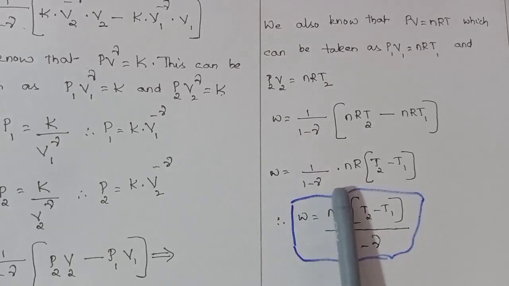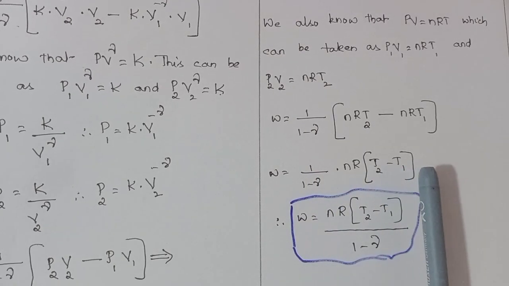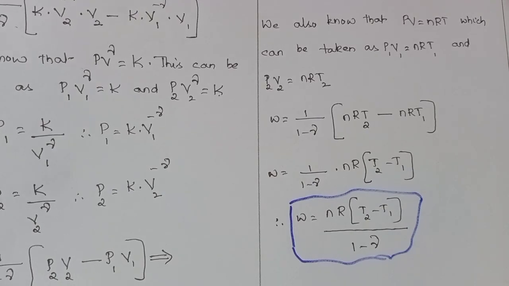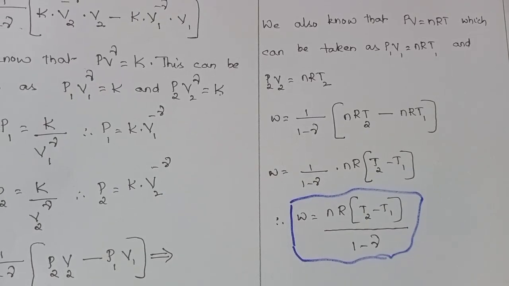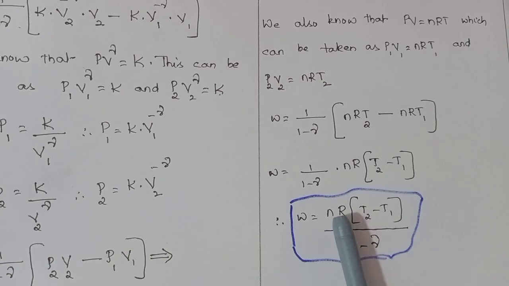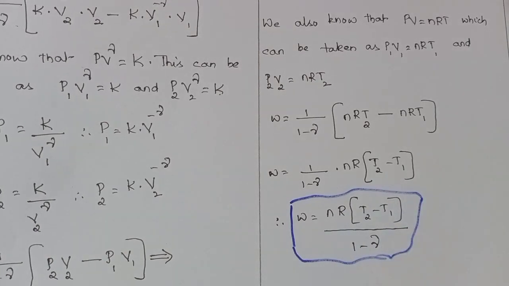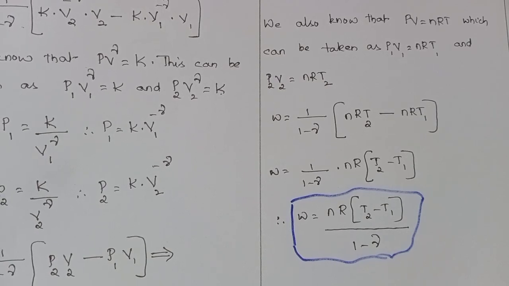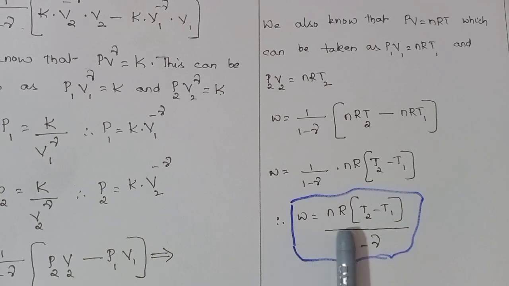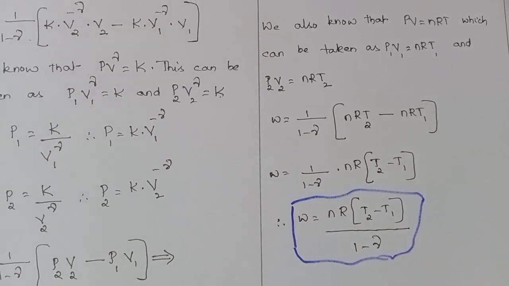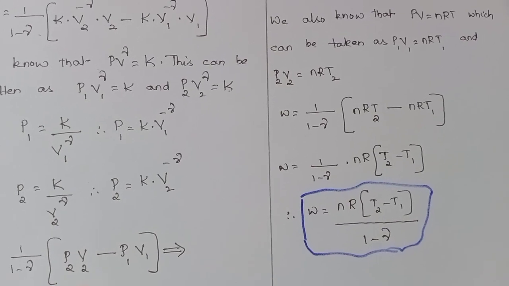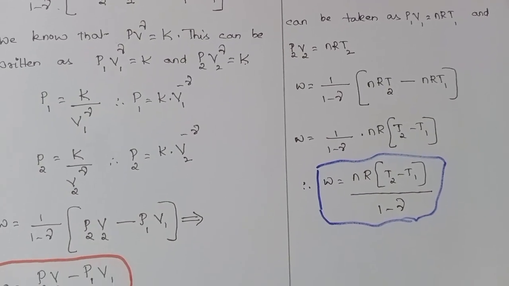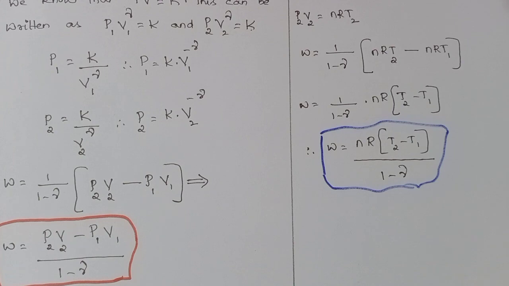So 1 by 1 minus gamma into nR into what remains inside the brackets? T2 minus T1. Therefore, W is equal to nR into T2 minus T1 by 1 minus gamma. So if you are asked in terms of temperature and number of moles, then use this expression. If you are asked in terms of pressure and volume, then use W is equal to P2 V2 minus P1 V1 by 1 minus gamma.